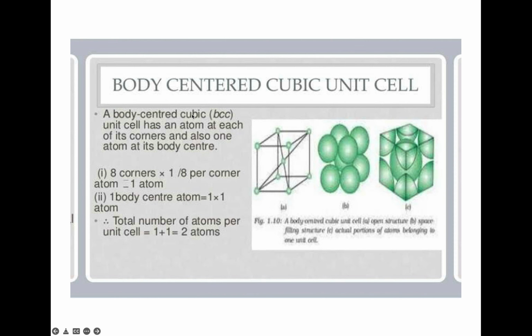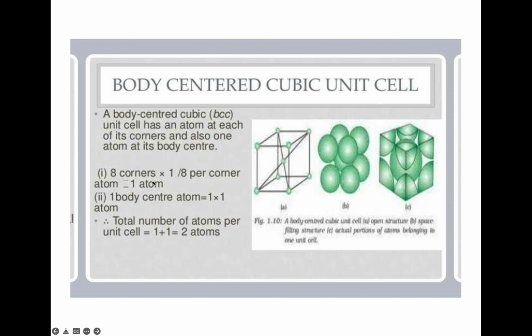Now this is a very important concept, BCC, body centered cubic cell. Each of the corners has an atom. So 8 corners are there, that means 8 into 1 by 8 per corner atom, which is 1 atom.